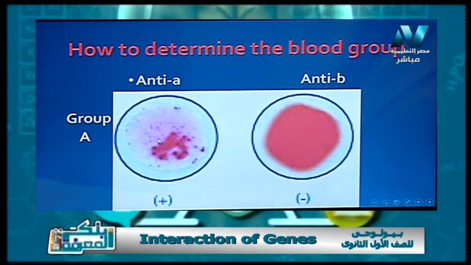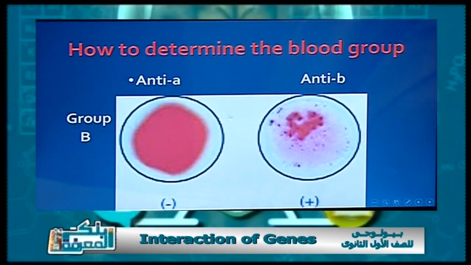So if a reaction occurs between the blood and the anti-A, the blood group is A. But if the reaction occurs between the blood and anti-B, so this is group B, and at the same time it doesn't cause any agglutination with the anti-A.